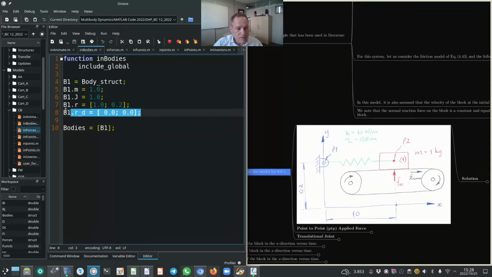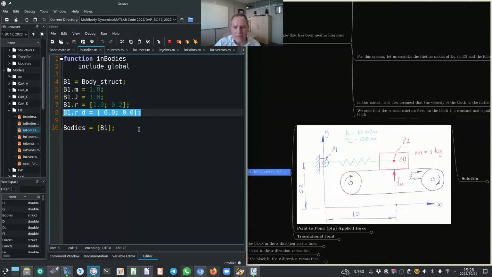Then you can specify the fact that the initial velocity for body 1 is 0. So a 0 x component and a 0 y component for the initial velocity. If you do not specify these initial velocity components as 0, the DAP program will use zeros as the default.